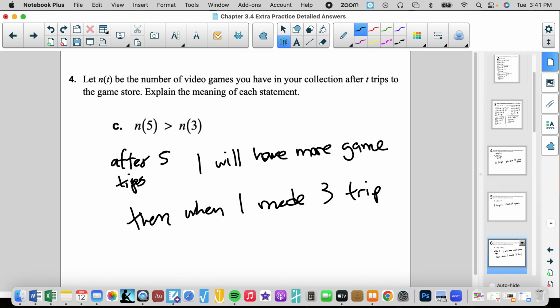So these are the number of games. This is the number of games I have after 5 trips. This is the number of games I have after 3 trips. And so G sub 5 is going to be bigger than G sub 3, the games, right? I know there's no variable G, but after 5 trips, I'm going to have more games than after 3 trips.